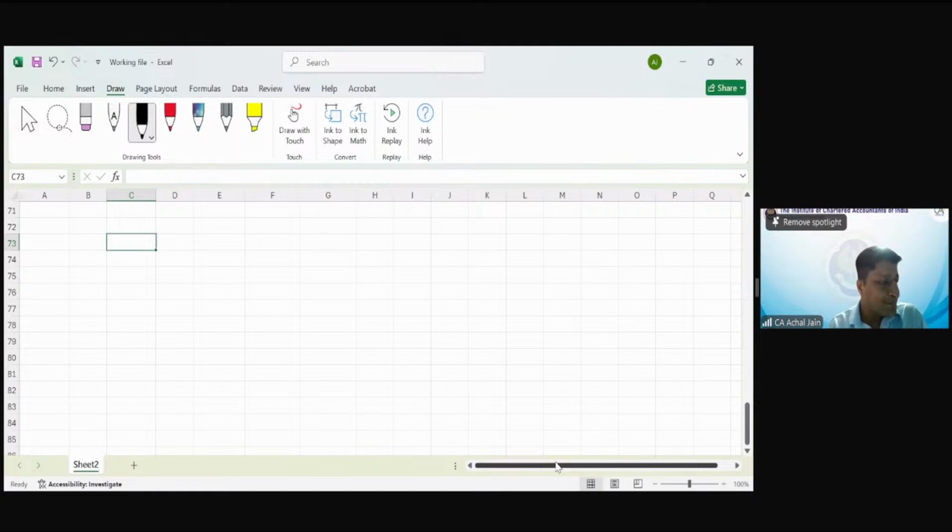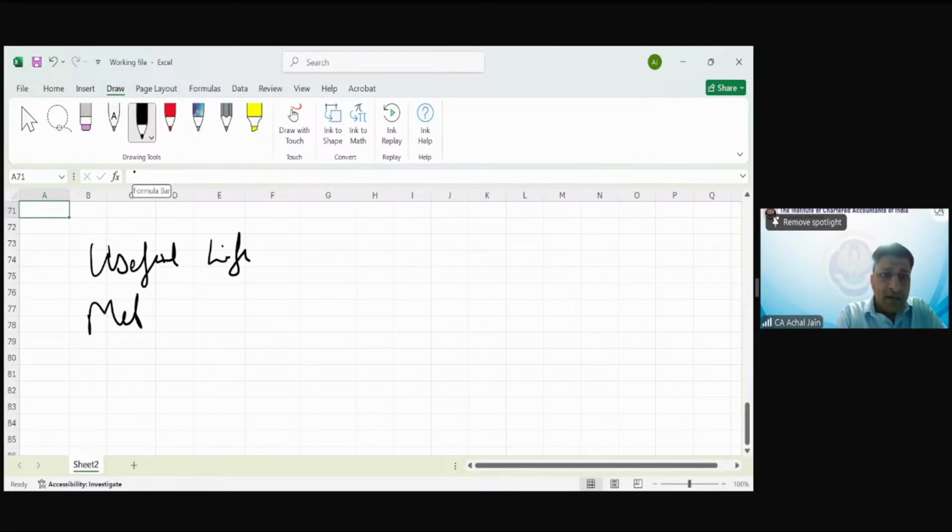And sir, the method of depreciation is accounting policy, right? No, so there again, please try to understand that two things. One is the useful life. Second is the method of depreciation.